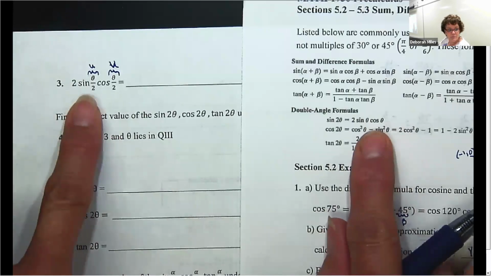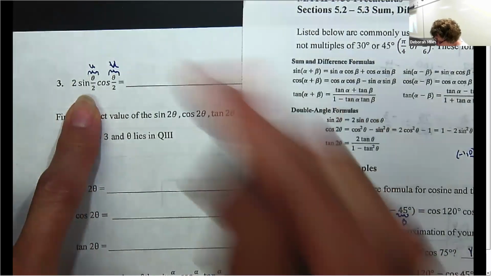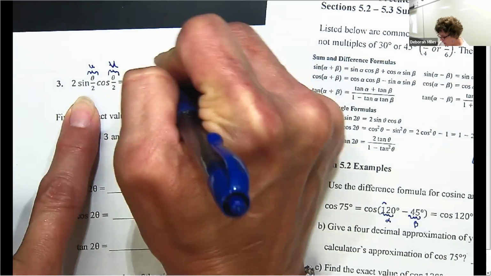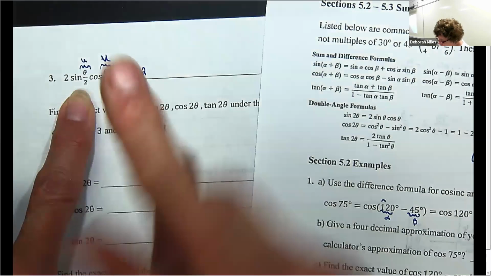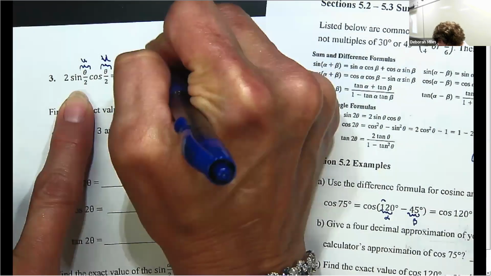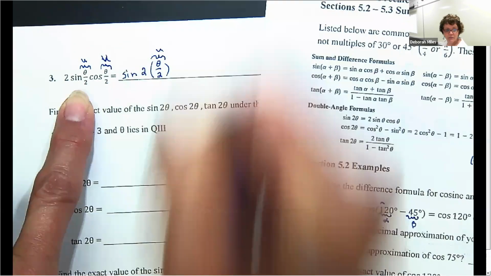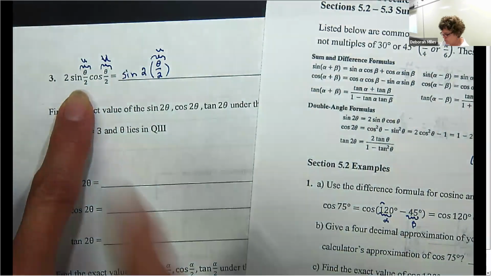So we just need to put this back together. This is sine of 2 uglies, and in place of our ugly, we're just putting theta over 2 because that's what ugly is here.